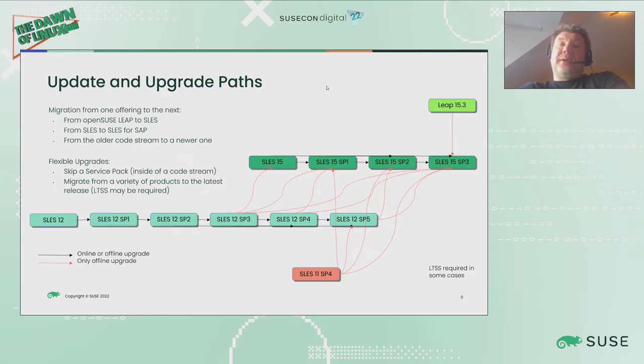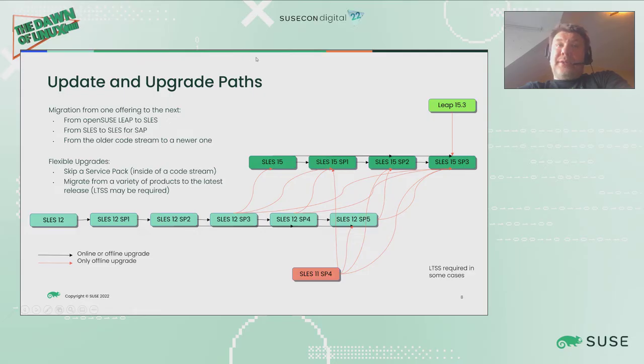But things that I would like to emphasize here is that, first of all, you can upgrade from openSUSE Leap to SLES. That's a new feature we had recently, and you should consider it when you are thinking about using openSUSE Leap. You can upgrade to enterprise SUSE without any major problems.